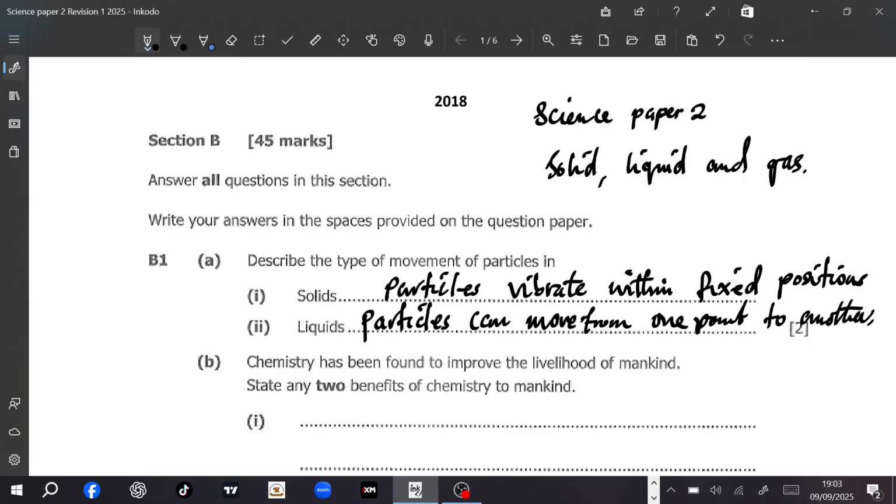Then we come to B. They are saying chemistry has been found to improve the livelihood of mankind. They mean chemistry has been found to make the life of human beings good. Then they say state 2 benefits of chemistry to mankind.